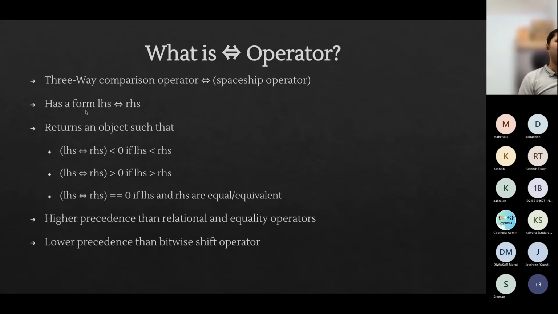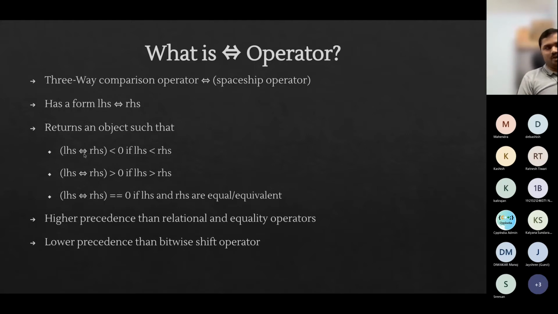It has the form LHS spaceship operator RHS, because it's a binary operator, and it returns an object such that if LHS is less than RHS, then whatever the object is, it is comparable to 0 and will be less than 0. I am saying it is not an integer. I'm not saying that this spaceship operator returns an integer number.